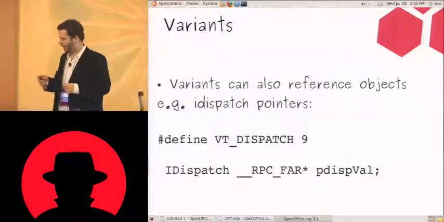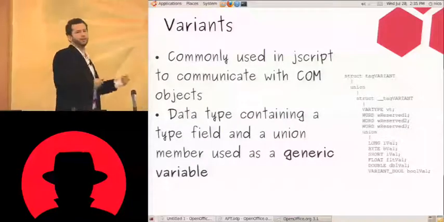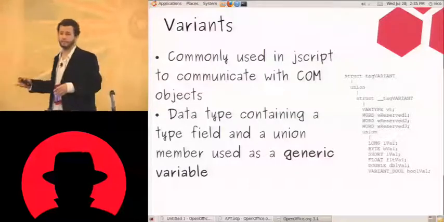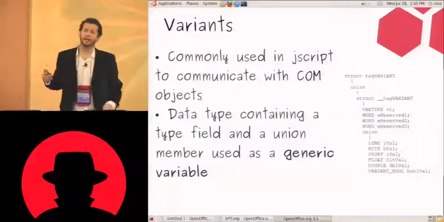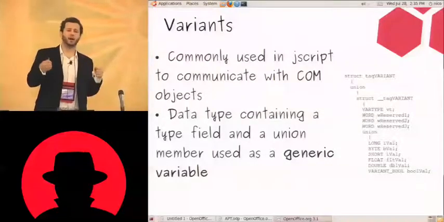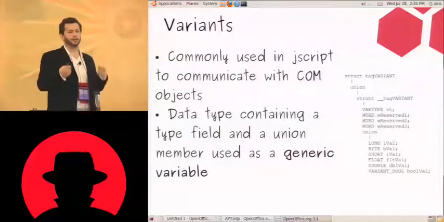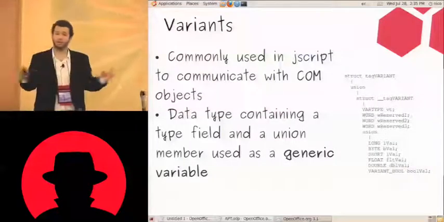The interesting part about the variants is that each function that receives a variant, which usually are properties and methods inside all the objects, basically has to be in charge of parsing its own variants in order to check out the content. So for example, they receive a variant, which is a generic variable.